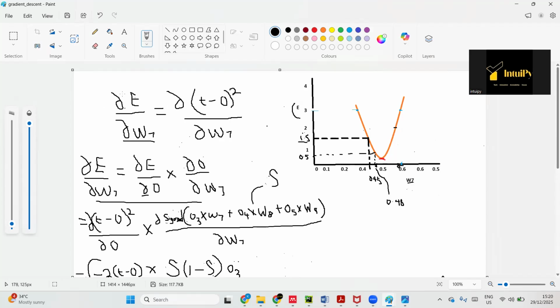Now it says dE over dW7. So how much would E be affected if we change W7 a little bit? Here, we moved W7 from 0.45 to 0.48, and how much did it impact E?